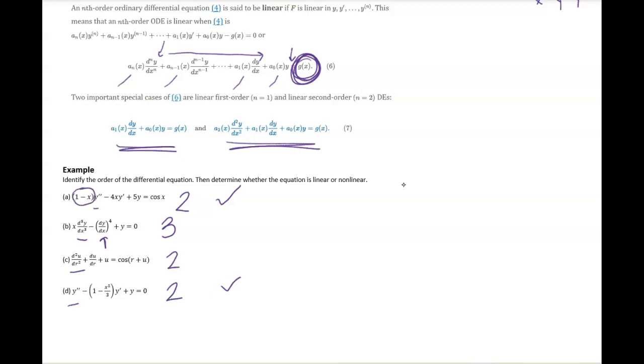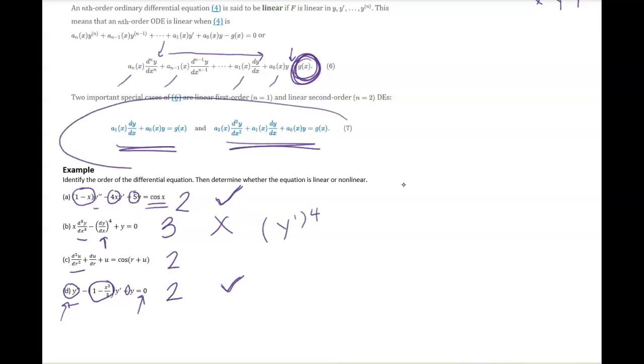Notice that everything in front of my derivatives is a function of x, and I only have a function of x on the right-hand side. Same here. There's just 1, but that's fine. And 0, and that's fine. So both of these are my linear form. B is not in linear form because of that y prime to the 4th. I cannot have any powers of derivatives and have a linear differential equation.